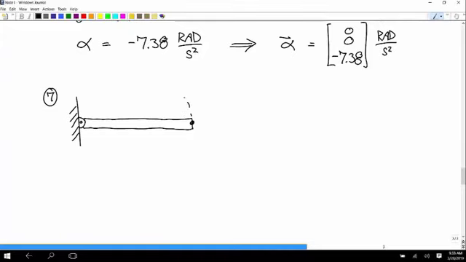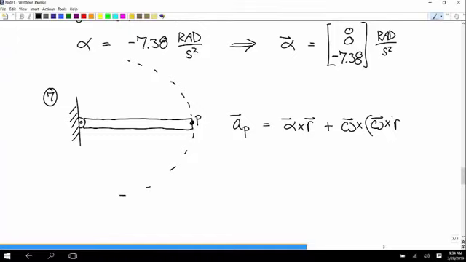And any point on a rigid body that's rotating around a fixed point is in circular motion around that fixed point. So the acceleration of p is equal to alpha cross r plus omega cross the quantity omega cross r.